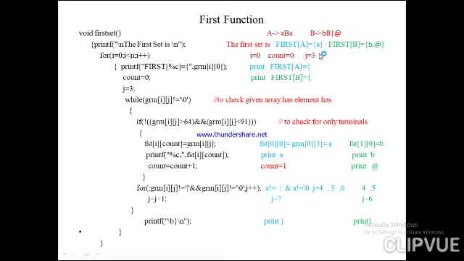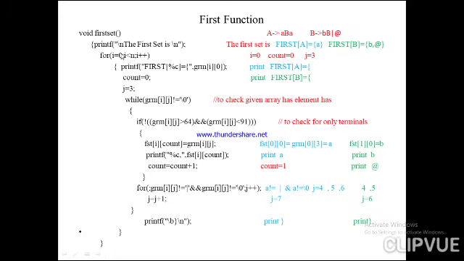Some of the declarations you are doing: i is 0, j is 3, count is equal to 0. So before that we will consider count and this one, something we are printing. What is that? Printf first of %c. What is this %c I am considering? It is GRM of i 0.